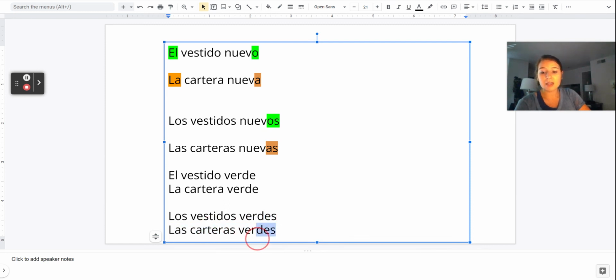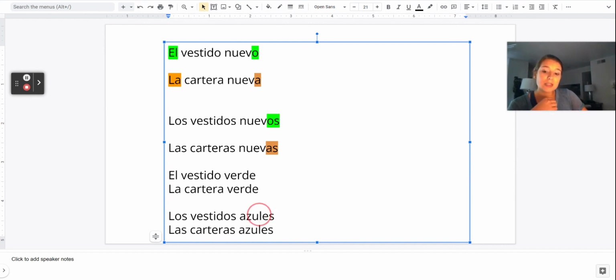There you go. Same with if I wanted instead to make these purses blue. Azul means blue, but we have to make it plural, so we add an ES. Same with dresses. If I was talking about the blue dresses, I add an ES to make it plural.